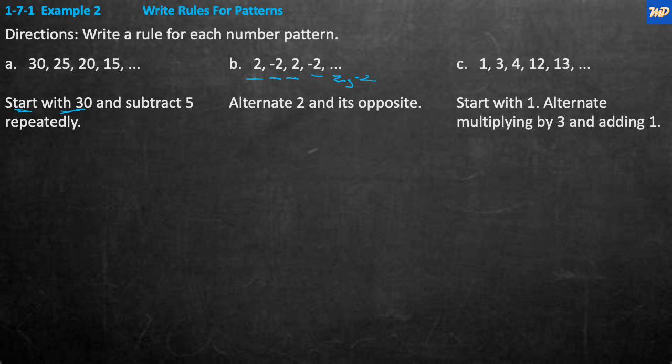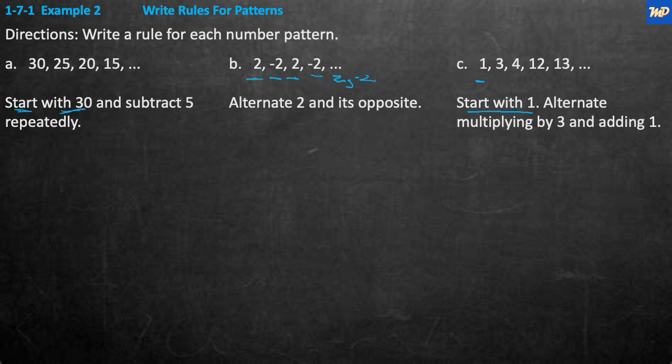Okay? For C here, 1, 3, 4, 12, 13. So what's the rule? Well, we start with 1. And then we alternate multiplying by 3 and then adding 1.